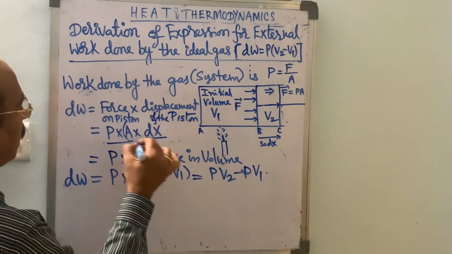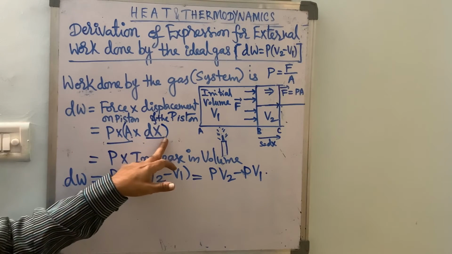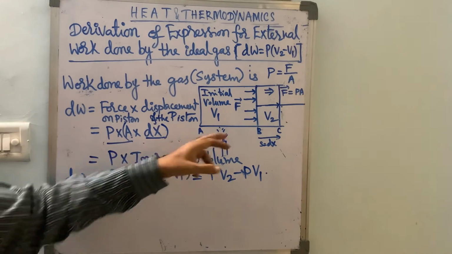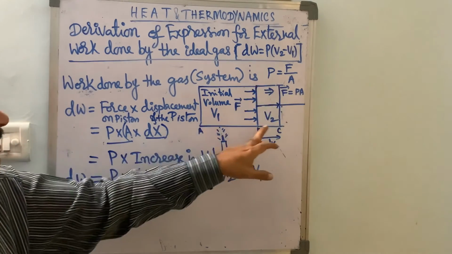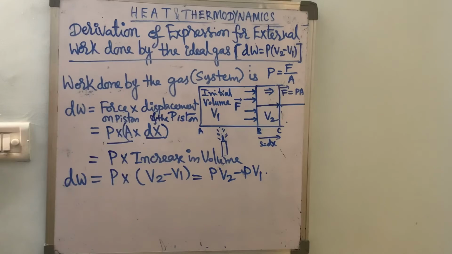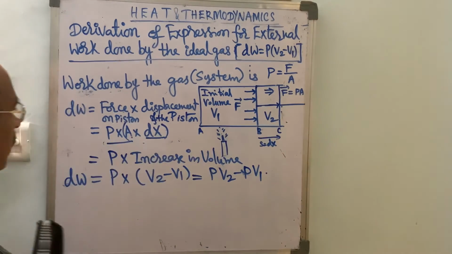When we write area into displacement, it is height or volume of the newly formed block by the moving piston.